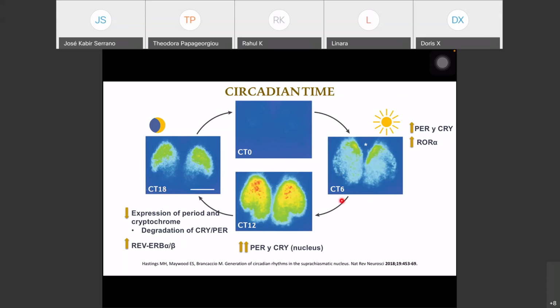So what we have to understand is that when we're exposed to light, the expression of PER and CRY will be increased, as well as ROR alpha. And at the end of the day, when the sun comes down and the concentration of these molecules is high in the suprachiasmatic nucleus, it will start to degrade to restart the cycle by the end of the day.